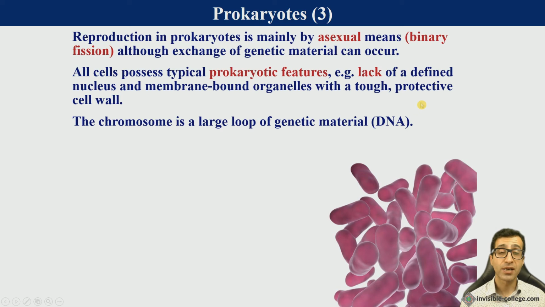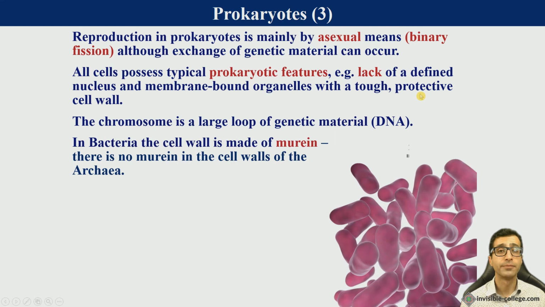Now, in bacteria, again, the cell wall that you find in bacteria is made up of a different kind of material than the cell wall that you find in plants or fungi. In bacteria, the cell wall is made up of murein, and there is no murein in the cell walls of the archaea. Now, the archaea, in contrast, have a different kind of cell membrane as well in terms of its biochemical constituents.